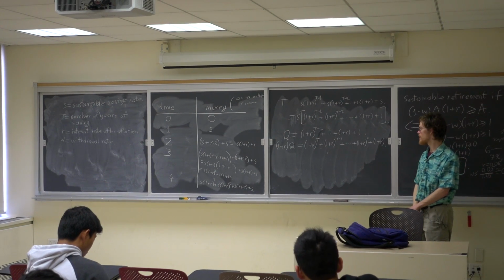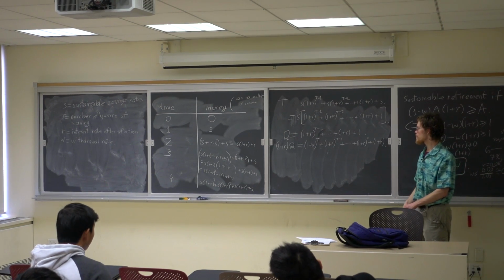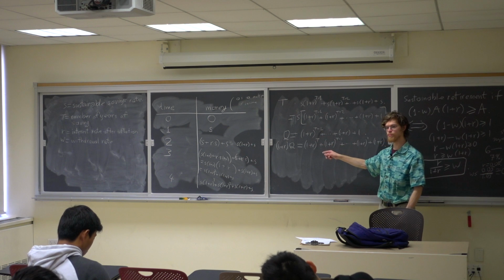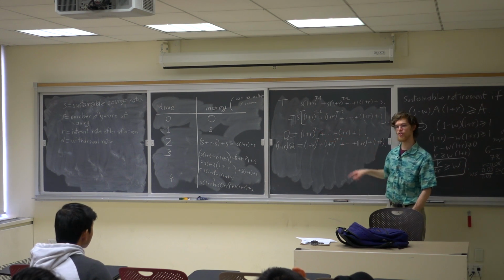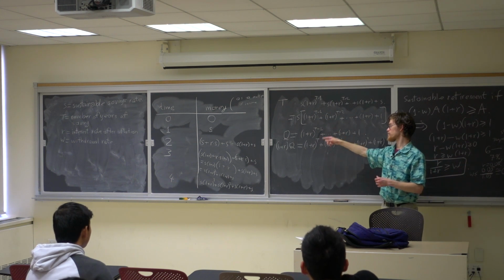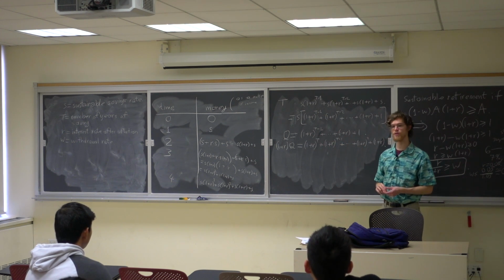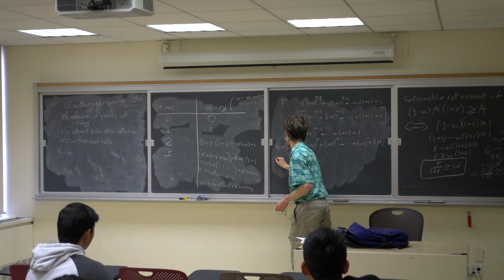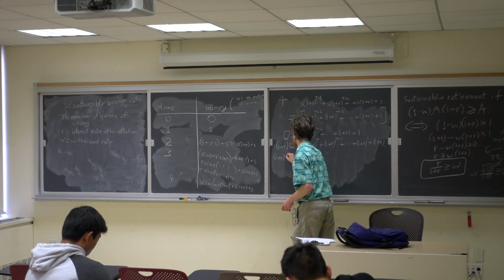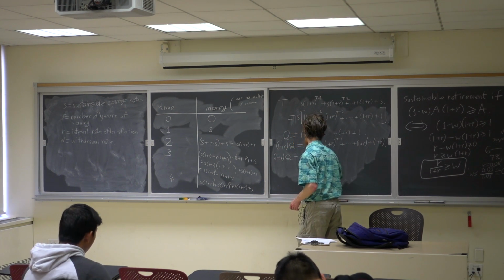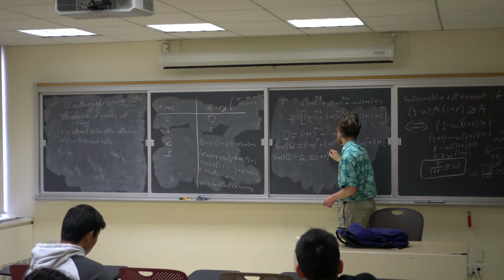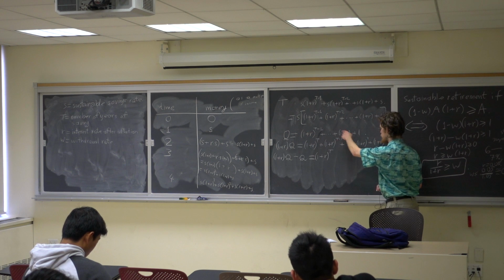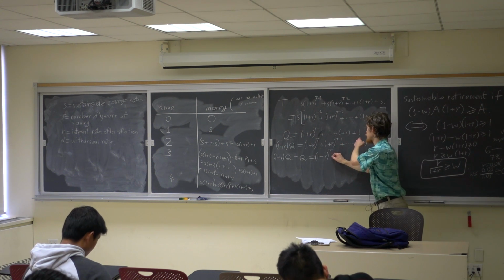But you notice now q and (1 plus r) times q have a lot of terms in common. So if I subtract this one from that one, I end up with a very simple expression: (1 plus r)q minus q equals (1 plus r) to the t, but then these all cancel, and we're just left with a minus 1.